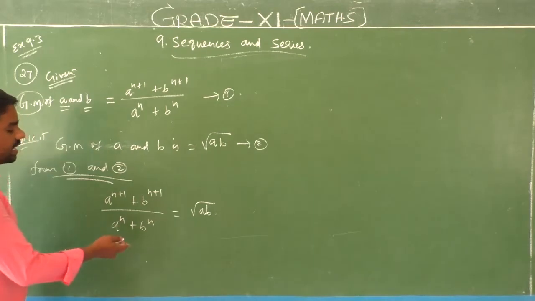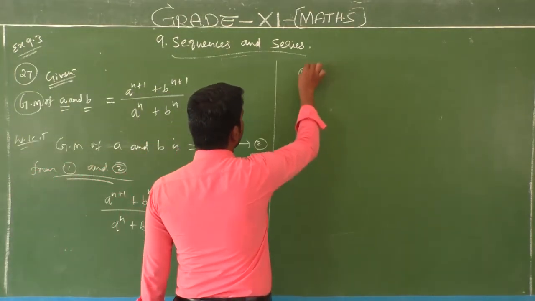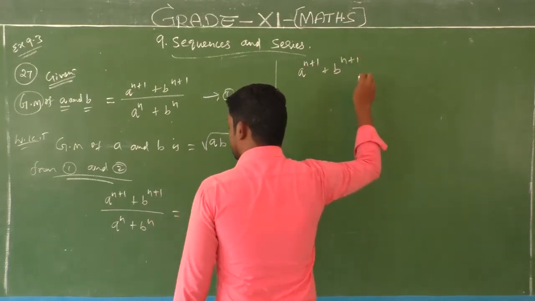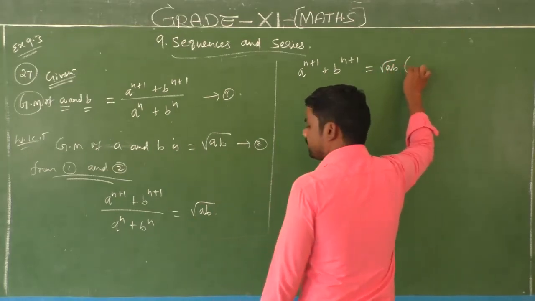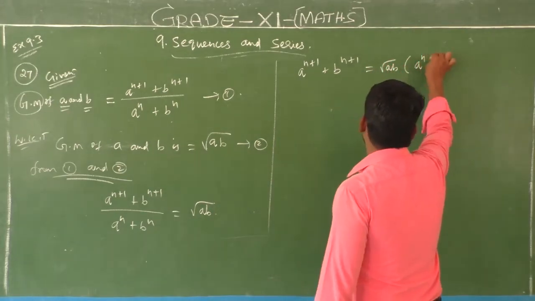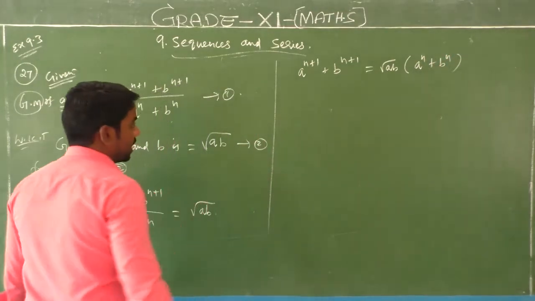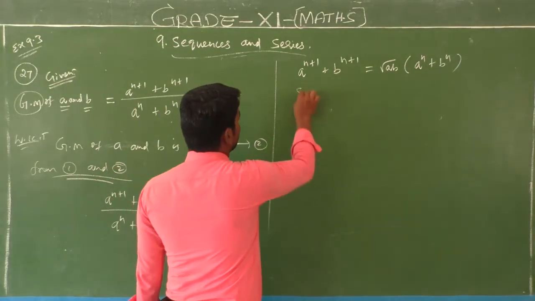So simplify this. a^(n+1) + b^(n+1) is equal to root ab times (a^n + b^n).